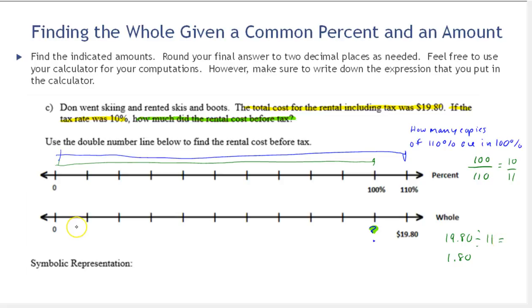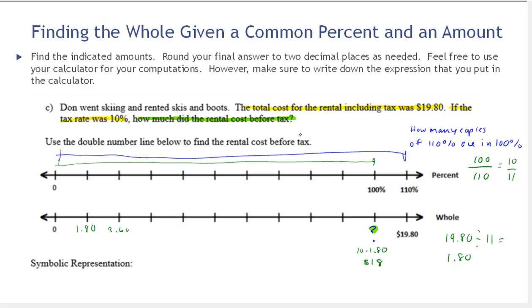Okay, so we can count by $1.80s here, 1.80, 3.60, etc. But I'm going to go directly to 10 copies of $1.80 because that's our whole. So 10 times 1.80 is $18. Okay, so the original price before tax was $18.